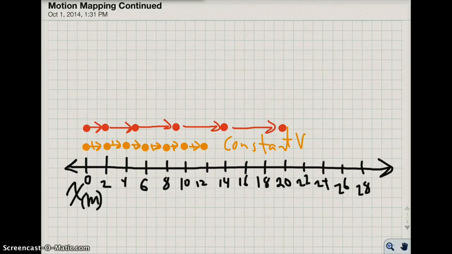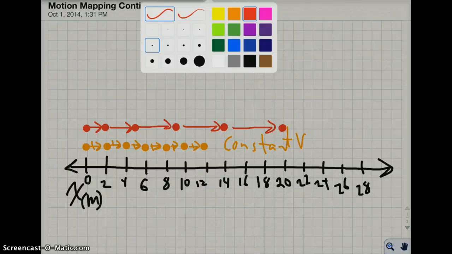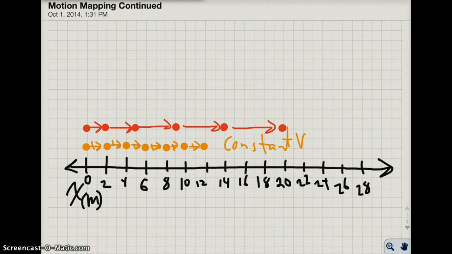Well, I can also now include an acceleration vector into this motion map. And so I'm just going to make my acceleration vectors be a consistent color, and we'll just make that bright blue. And so my acceleration vectors look like this. So I can't really tell what's going on between 0 and 1 second, but I know between 1 and 2 as compared to 0 and 1, I've increased by 1 meter per second.